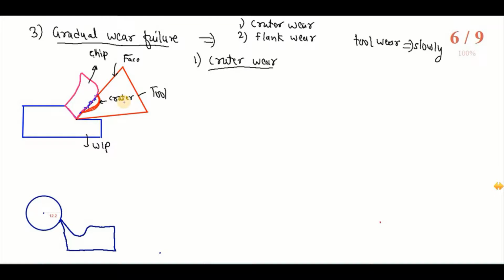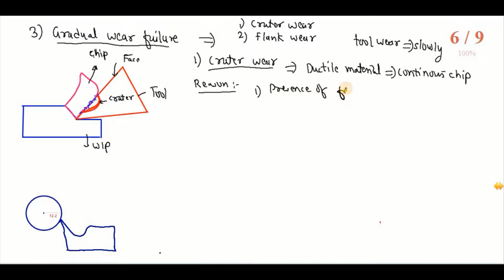Cratering is commonly observed while machining ductile materials, where there is continuous chip formation. So what are the reasons for crater wear? First, the presence of friction between chip and tool face.